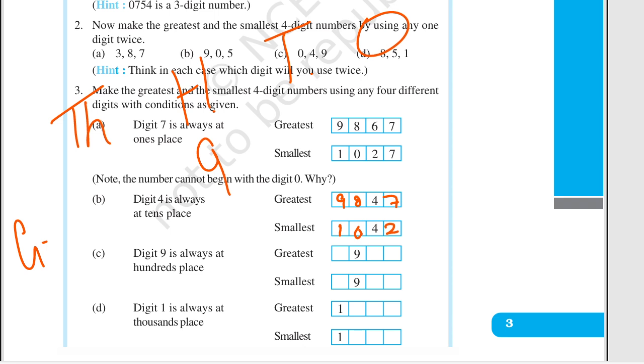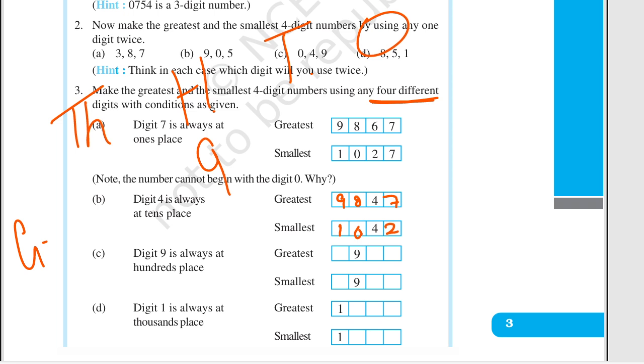But I have already told you that we cannot repeat the numbers twice, because the condition is that we have to use four different digits. So 9 is already used, and we cannot write 9 again.